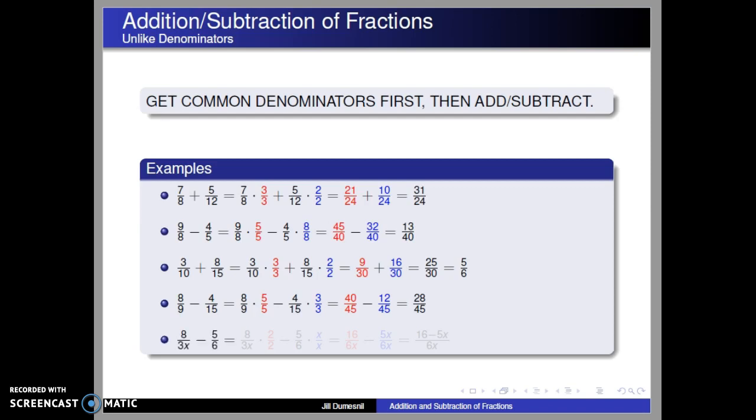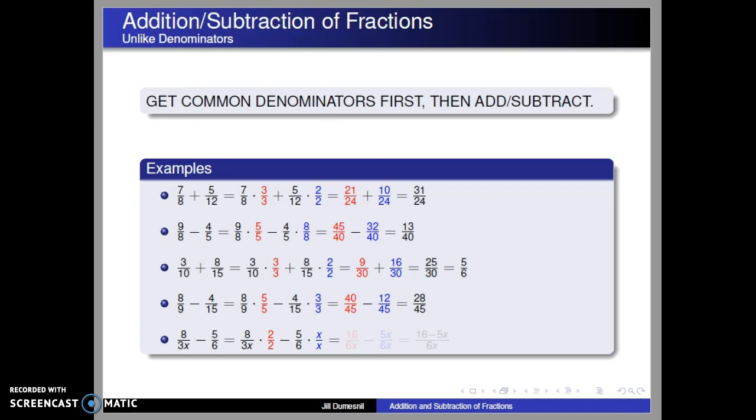Finally, let's consider 8 over 3x minus 5 over 6. This time we need the least common multiple of 3x and 6. This least common multiple is 6x. So we're going to multiply 8 over 3x by 2 over 2 and multiply 5 over 6 by x over x.